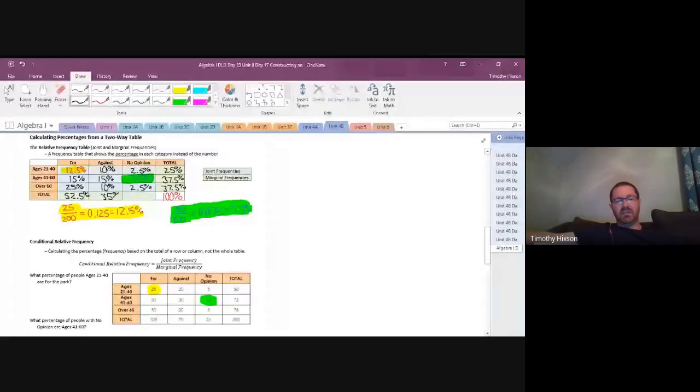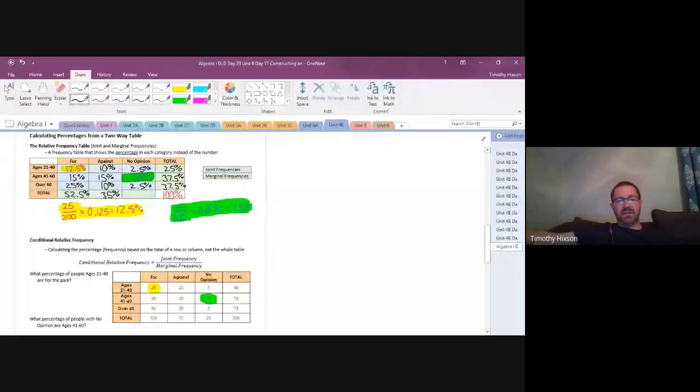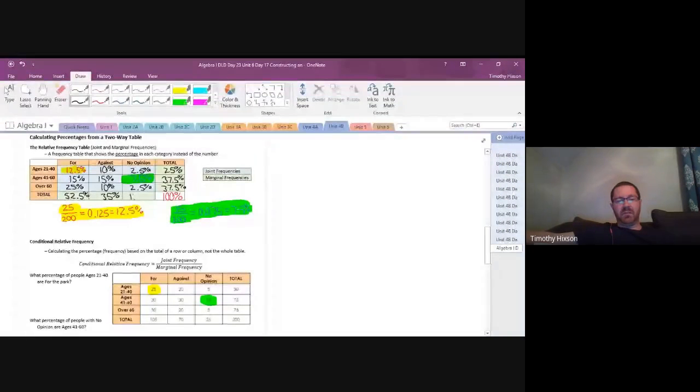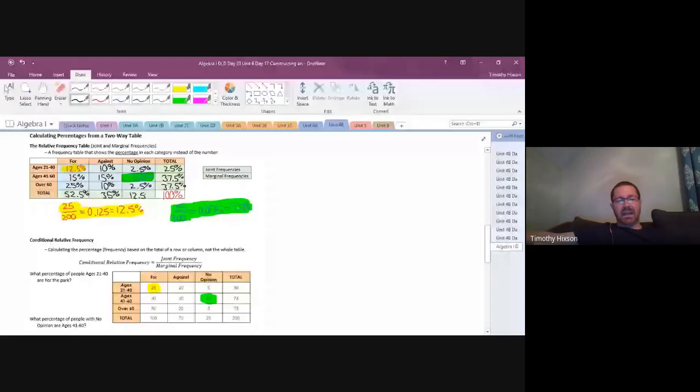And then here, 2.5 plus 7.5 plus 2.5, that's 5 plus, that's 12.5%. If I add along this row, just to double check, 52.5 plus 35 is 87.5. 87.5 plus 12.5 is 100%.